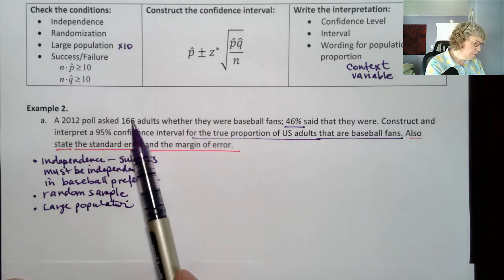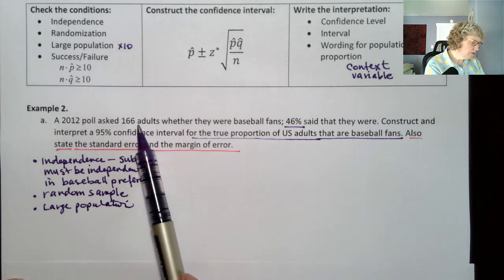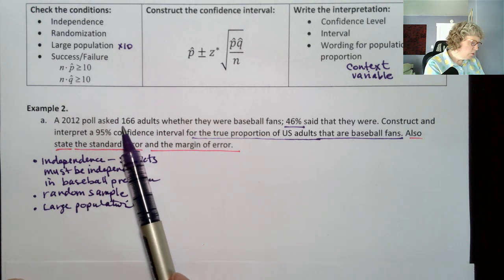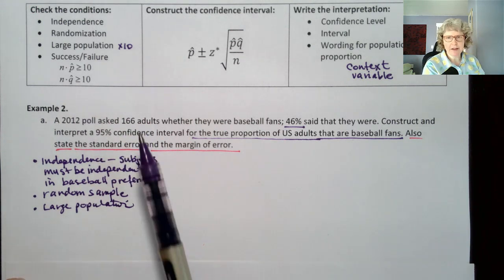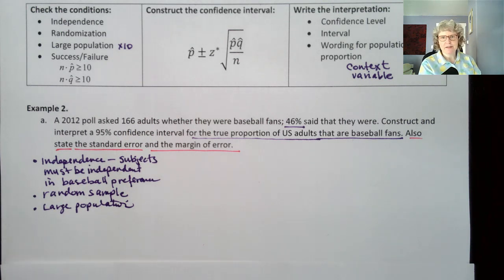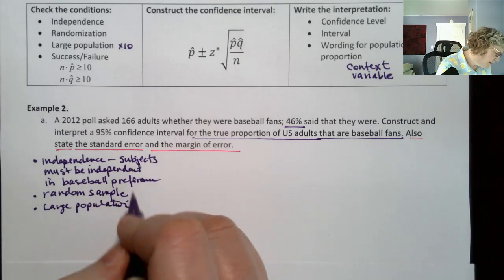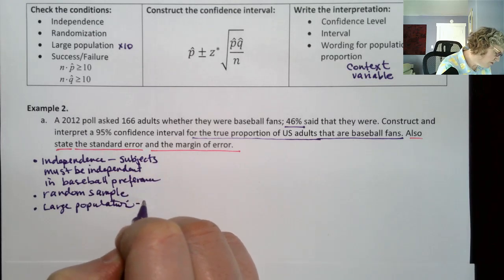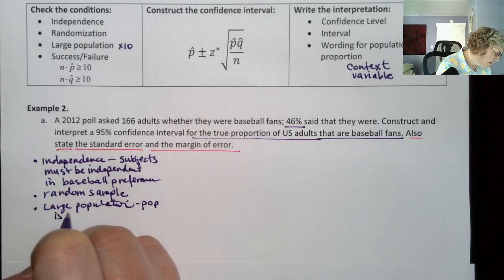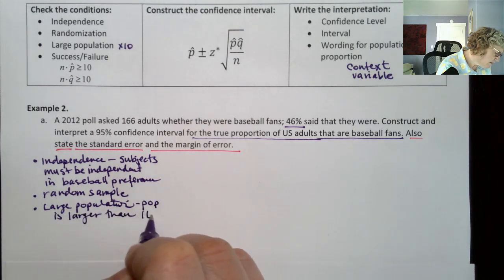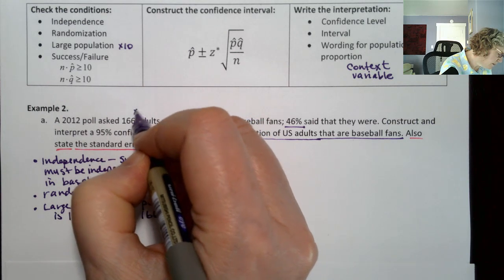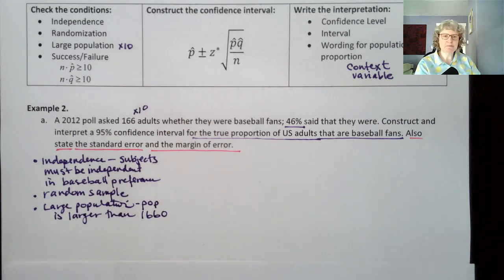So we need our population to be 10 times that, 1,660. I think our U.S. population is safely much larger than that. So our population is larger than 1,660, and I'll just write times 10 up there.